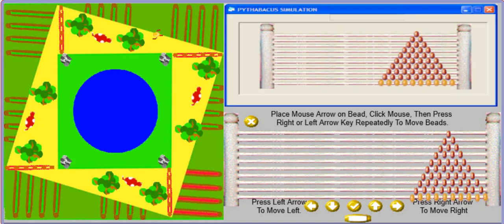Clicking the dash button on the Pythagorean on the bottom right will allow you to use the arrow keys to take the land master to each plot of land.